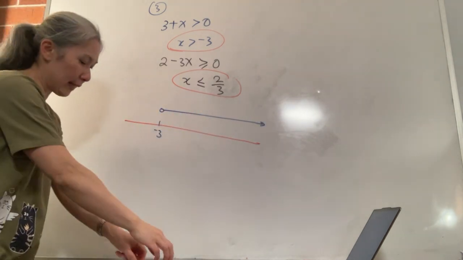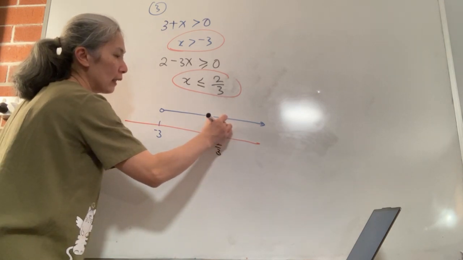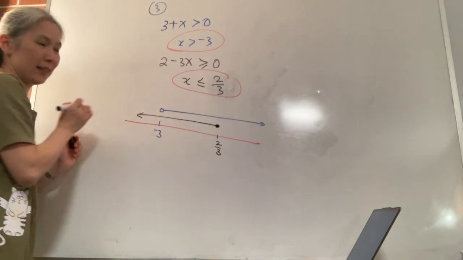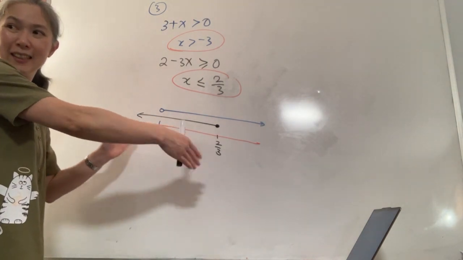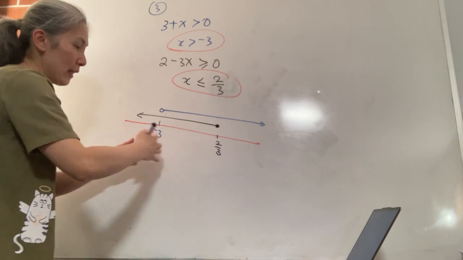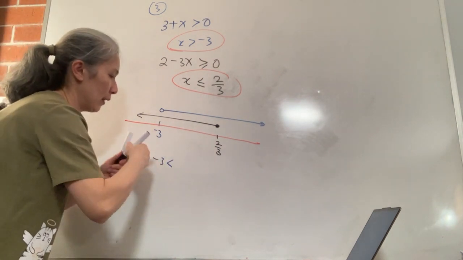And x less than or equal to 2/3, we go that way. So the overlap section is between here. You remove the rest. So your answer is x in here, from minus 3 to 2/3.